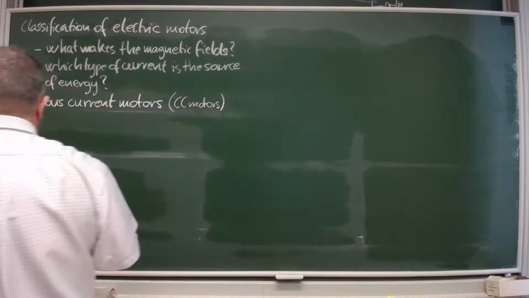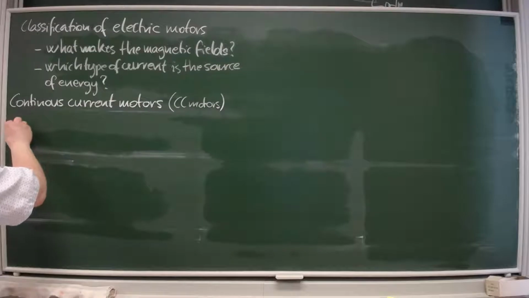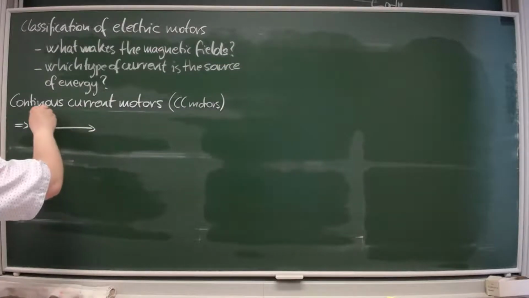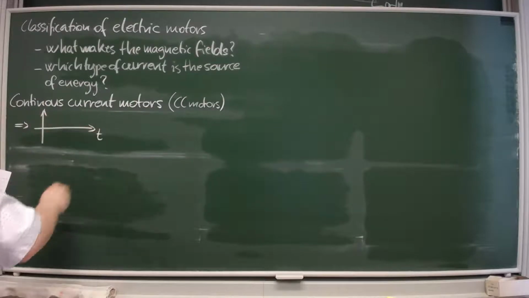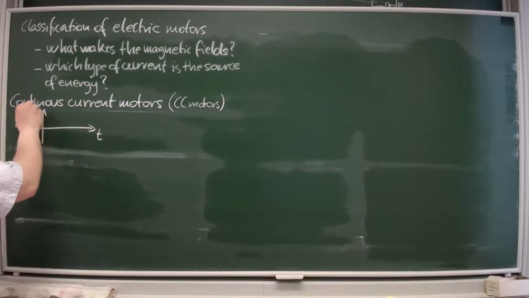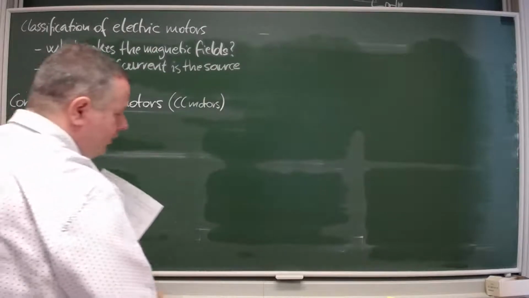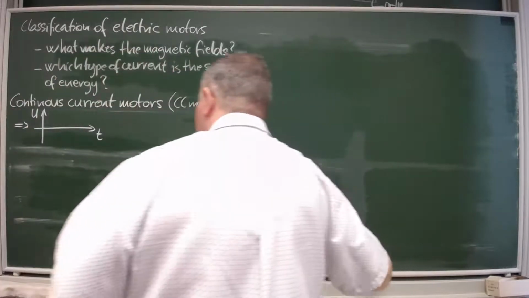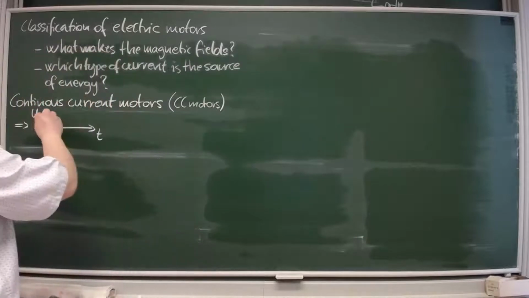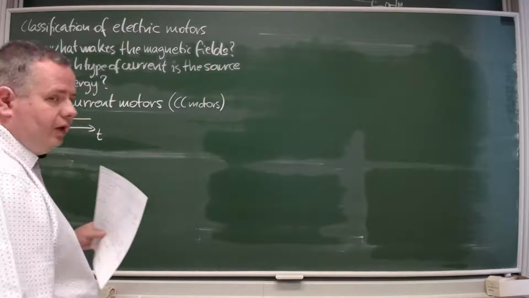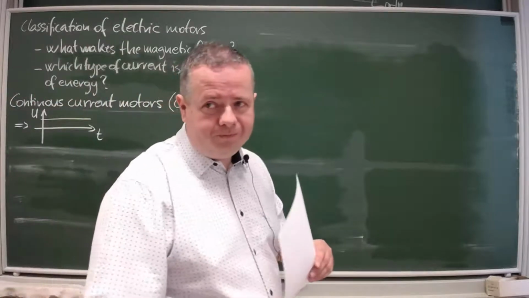Continuous current means that the tension or current in time, let's see the tension, it's easier, tension U, has a constant value in time. If it's 12 volt, then it remains 12 volt regardless of the variation of time.